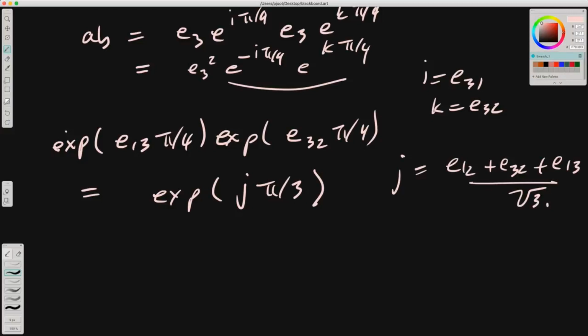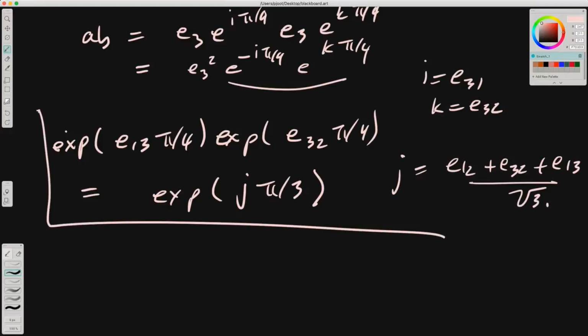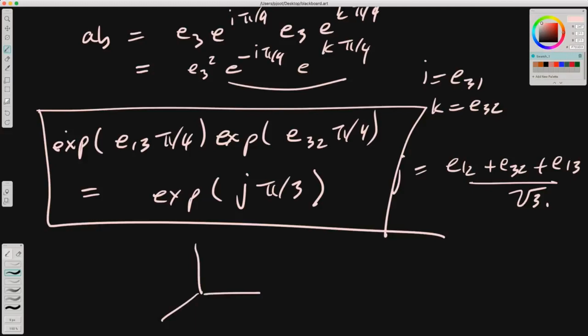So we have a composition of complex exponentials in R3 leading to another complex exponential. We started off with a rotation this way, and a rotation this way, and we ended up with an exponential describing the rotation in this plane.